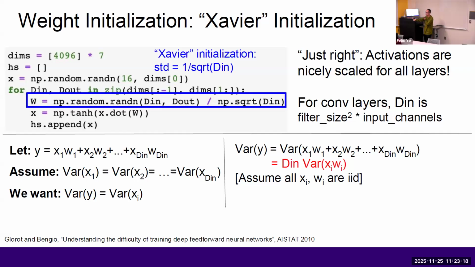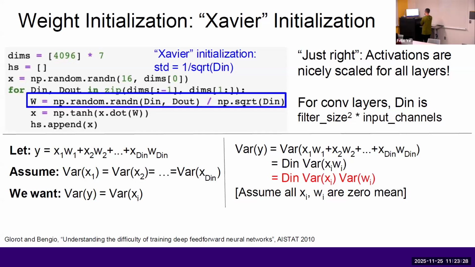Then that becomes D_in times the variance of Xi Wi. Here we assume all Xi and Wi are IID sampled, they have zero mean, and obviously they are independent. So I can separate the variance of the product into the product of each variance.